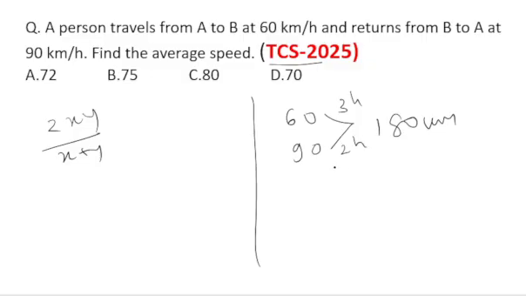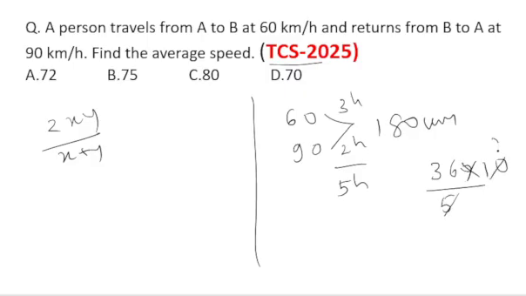So the total time is 3 plus 2, 5 hours. In both trips he covered 180 going and 180 returning, so 180 plus 180 is 360 kilometers traveled in 5 hours. In place of the 0 we can multiply by 10.